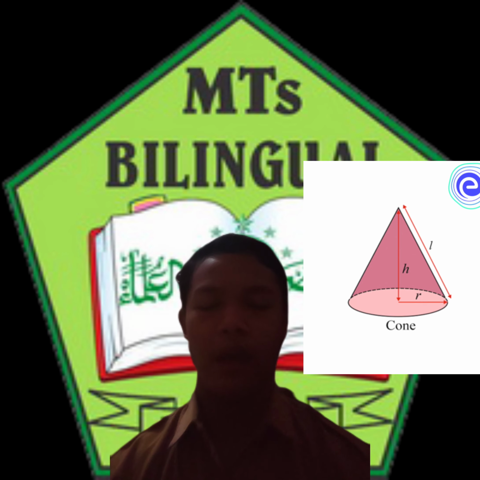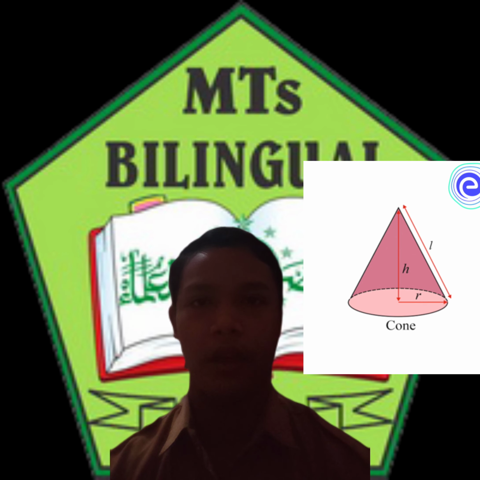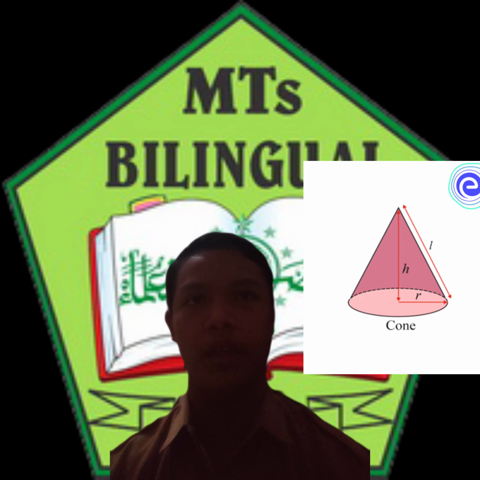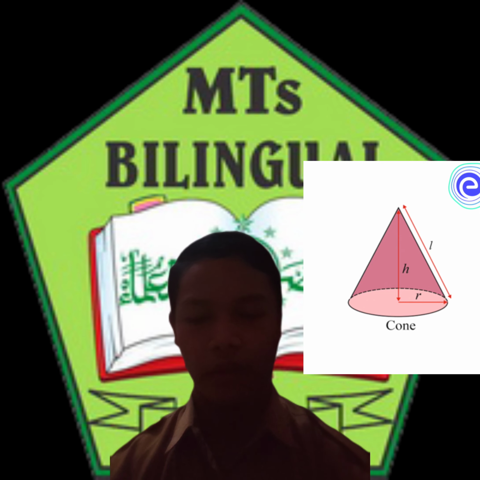So the height squared added by the radius squared of the cone, after that the square of the height and the radius can be added, and after that we can take the root, and it is the hypotenuse of the cone.